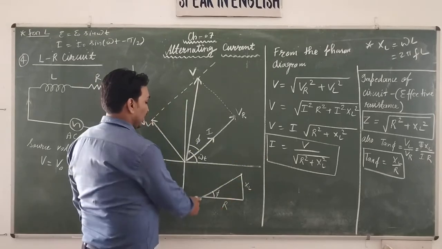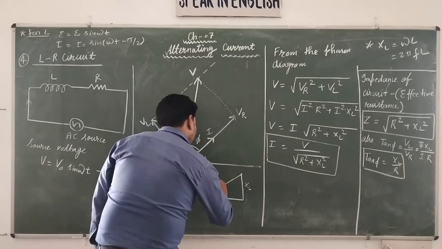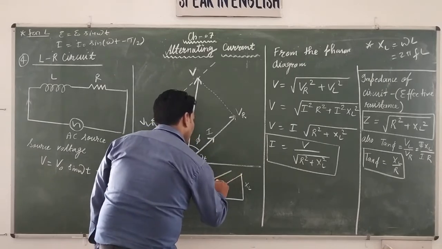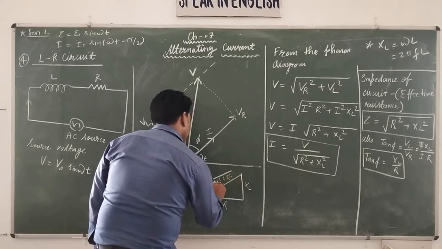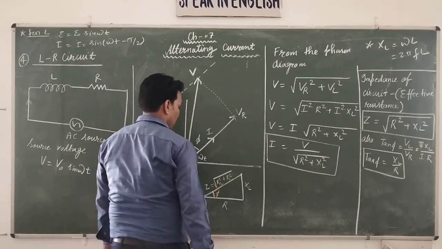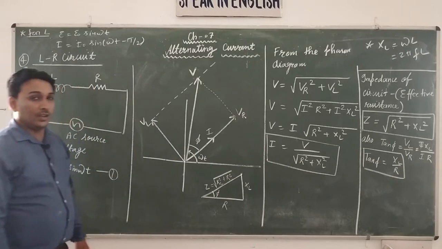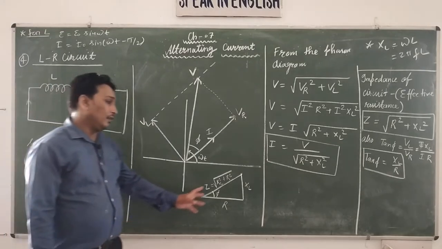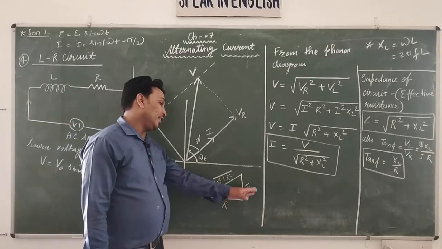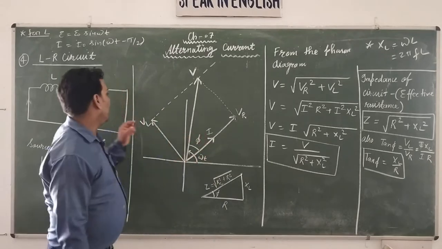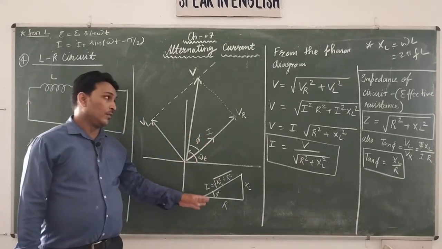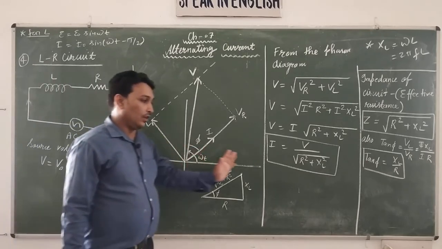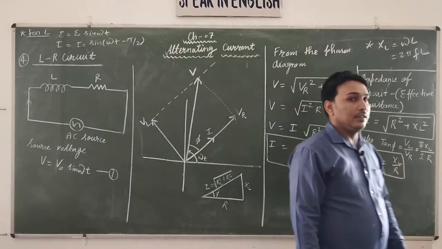Then what will be the length of the hypotenuse? The length of the hypotenuse is going to be under root XL square plus R square, which is Z. Okay? So this particular thing is called the impedance triangle. A right angle triangle whose sides represent the impedance of the circuit is called an impedance triangle.